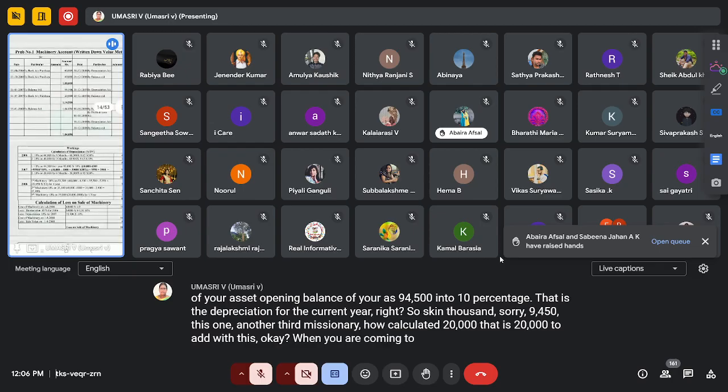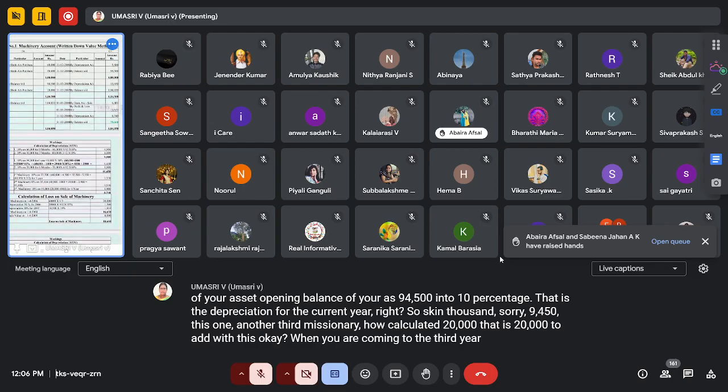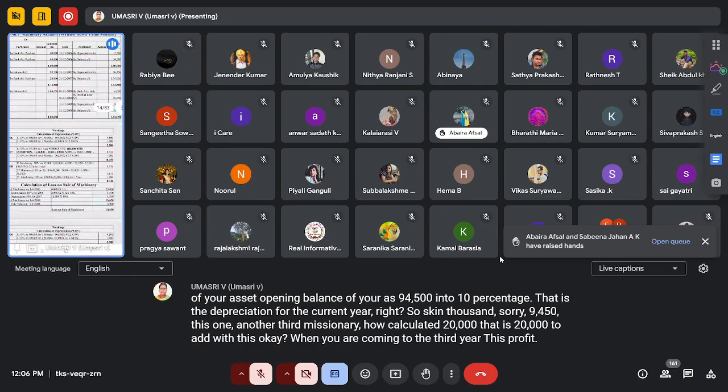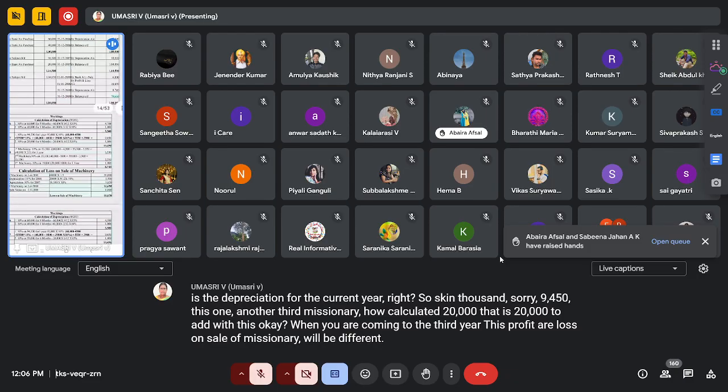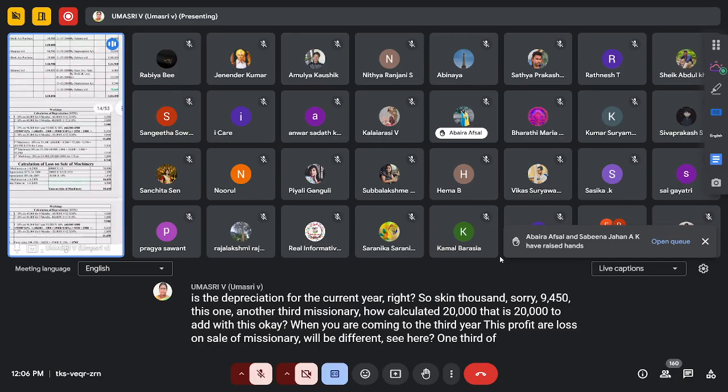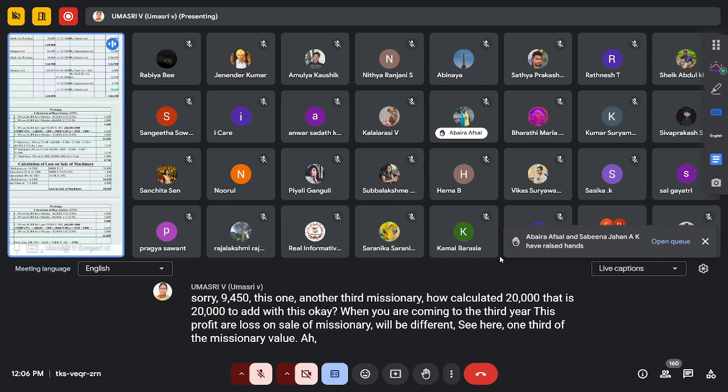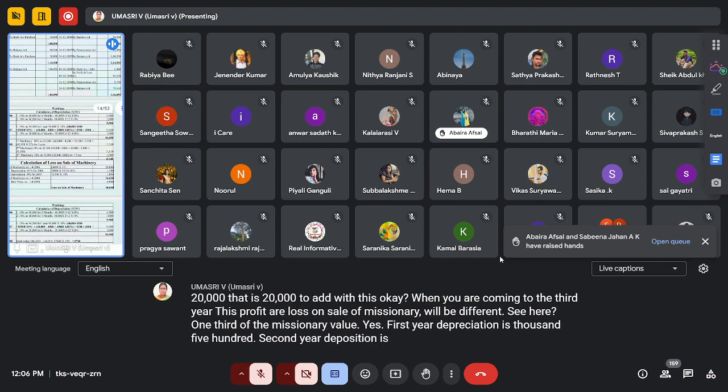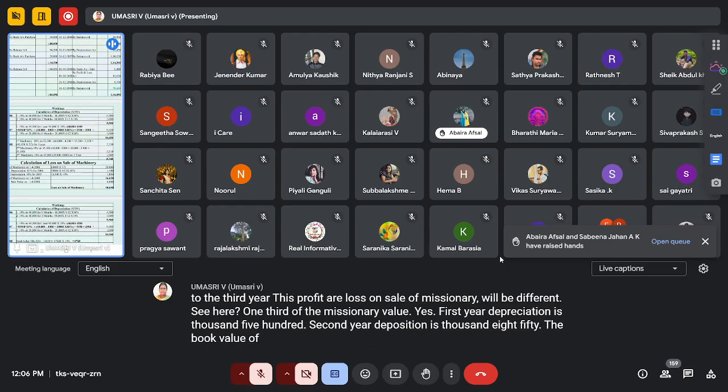Okay. When you are coming to the third year, the profit or loss on sale of machinery will be different. See here, 1/3 of the machinery value, first year depreciation is 1,500, second year depreciation is 1,850. The book value of this asset is 16,650, right?